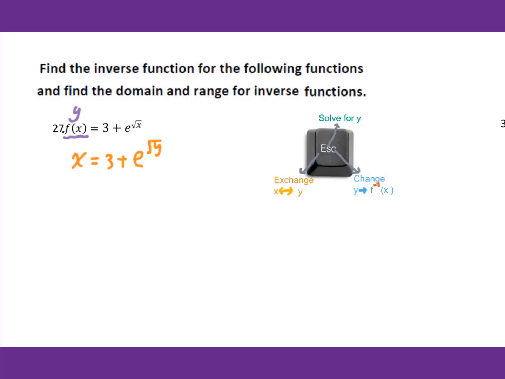Then we need to solve for y. We know this is an exponential equation. Therefore, isolate the exponential form on one side. We minus 3 both sides. We got x minus 3 equals e to the square root of y's power. Then we do natural log both sides.